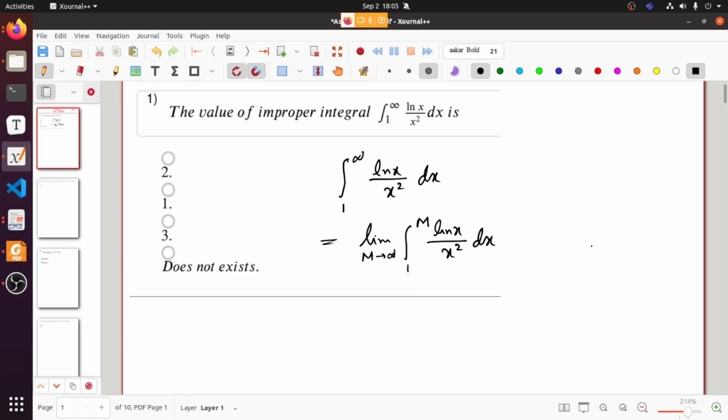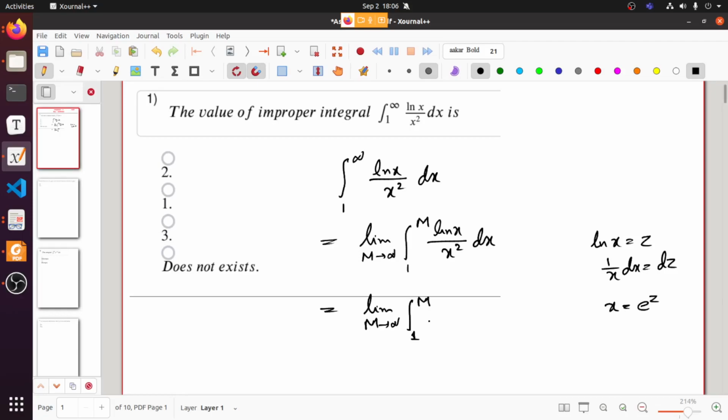Now put the change of variable ln x equals z, which means 1 by x dx is dz. If you put it here, you will get the limit as m tends to infinity of the integral from 1 to m, where ln x will be z and 1 by x dx will be dz, and the remaining 1 by x we can write from x equals e to the power z.